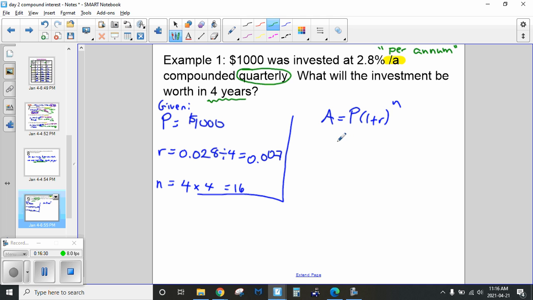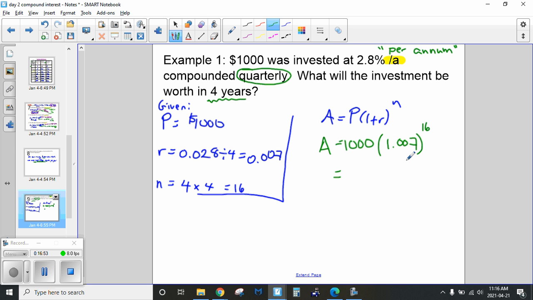So I'm going to substitute those numbers into this formula: 1,000, and then in brackets 1 plus 0.007. I'm just going to give the answer to that. And the exponent is 16. Following BEDMAS, the exponent part of this is what you will solve first.